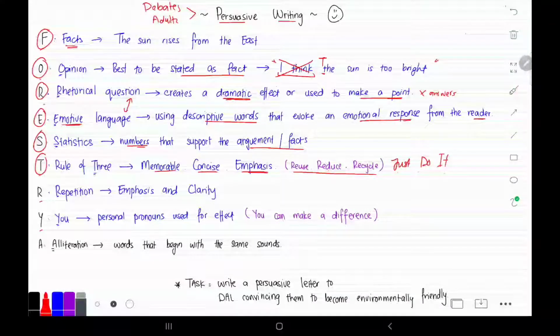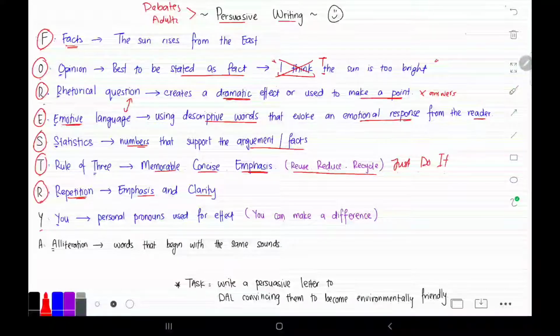What we do with the rule of three, or what we do with our emotive language or rhetorical questions, is we repeat them. Why is there repetition in persuasive writing? Because the more you repeat your point, the harder you drive it. We repeat to emphasize and to provide clarity. Now remember that for repetition, you don't want your point to be repeated in the same paragraph.